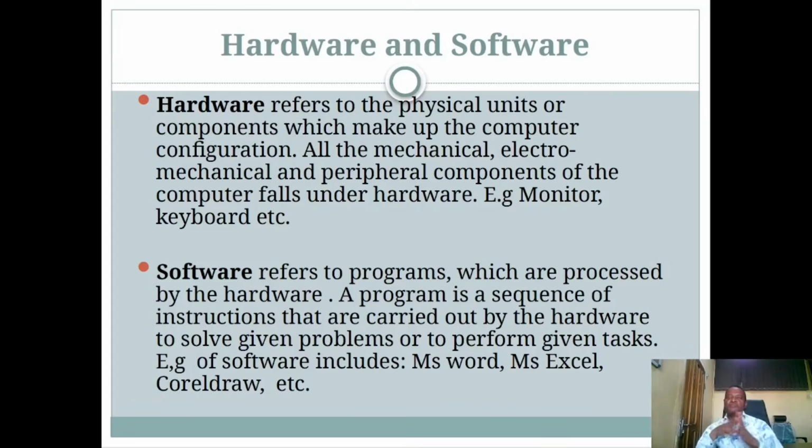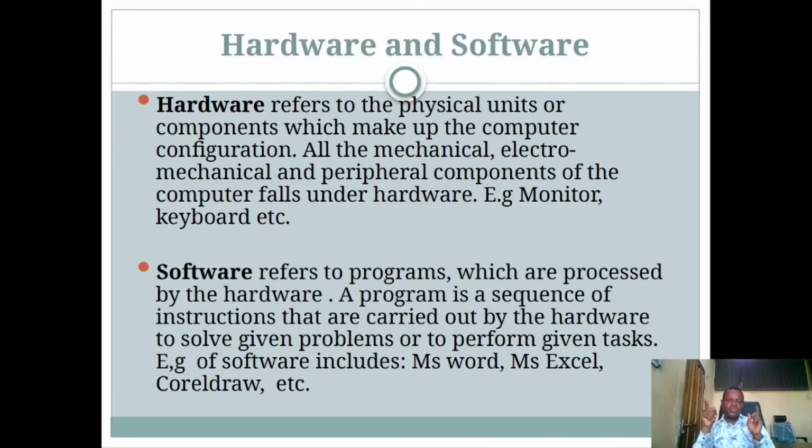So, a program is a sequence of instructions that enables the computer system to solve a particular problem or to handle a particular task. That is what a program is.